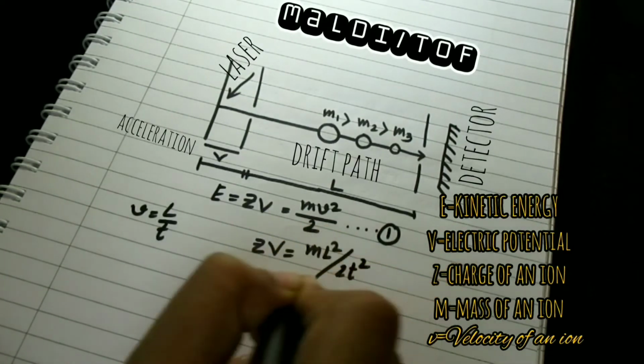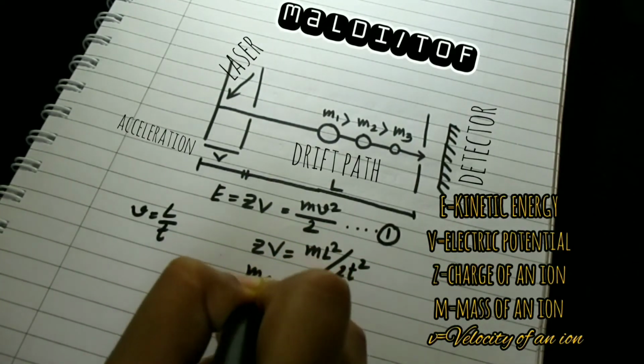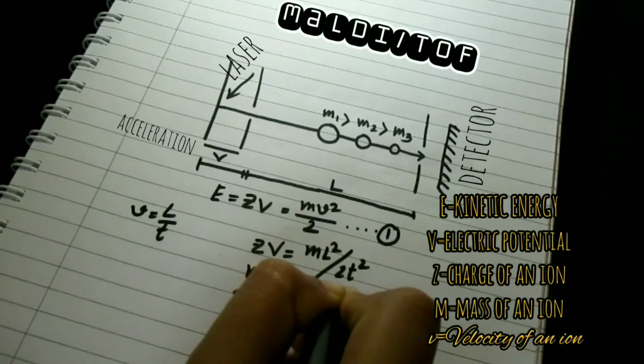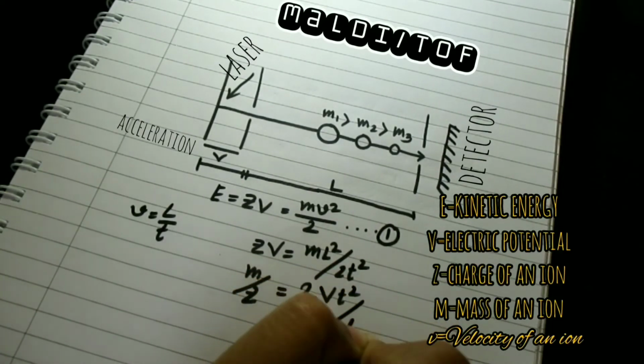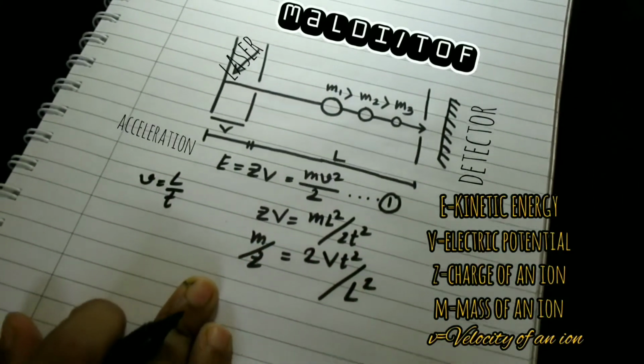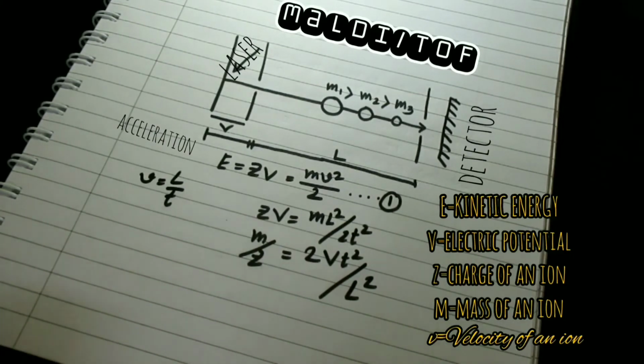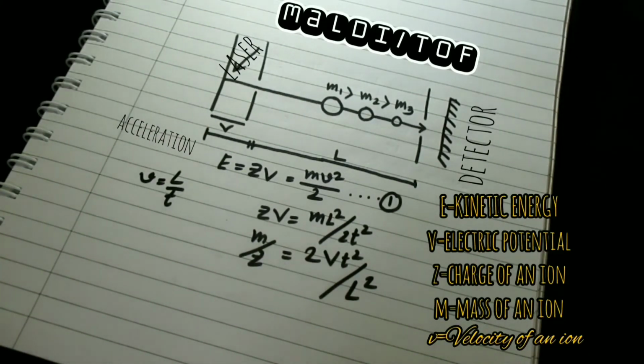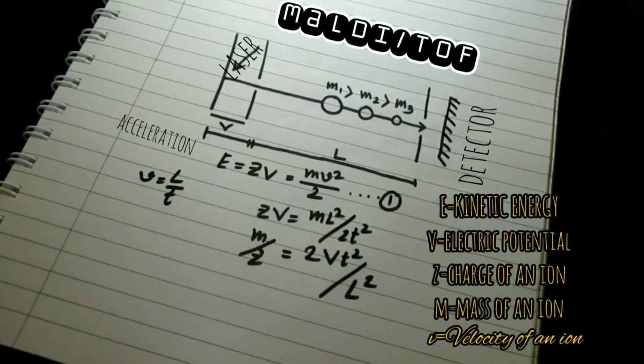So this is the schematic representation of a MALDI TOF mass spectrometer. Here you can see the kinetic energy of an ion accelerated through an electrical potential. So this is the equation, where E refers to kinetic energy, V to electrical potential, small v to velocity of an ion, Z to charge of an ion, and M to mass of an ion.